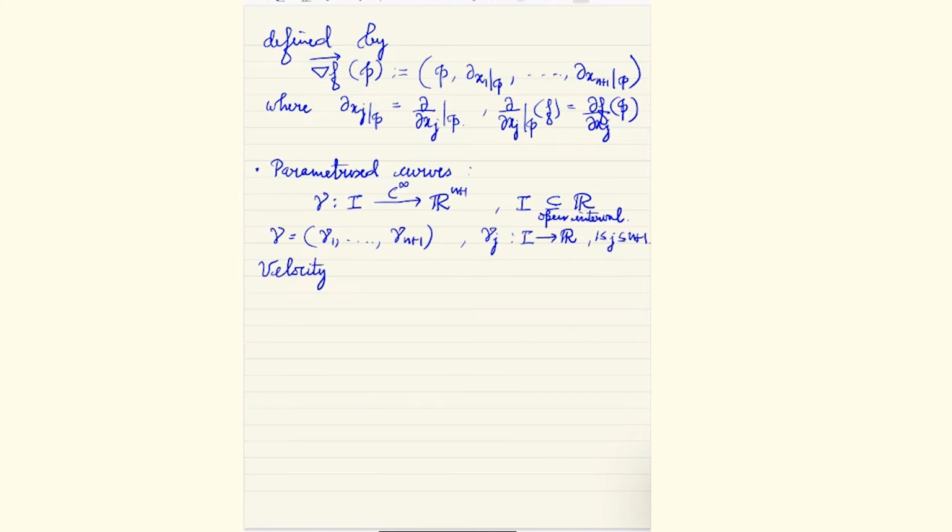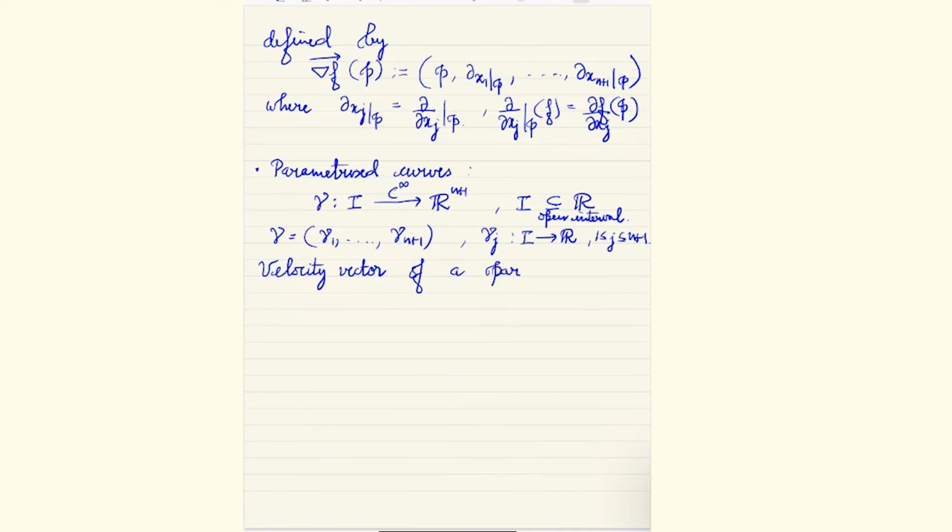So you look at gamma as a map from I to R^(n+1). Suppose I contains 0. You could view this as the point gamma of 0, something in R^(n+1), moving in time along the curve. Typically you think of classical Euclidean physics here, motion of particles along curves. So velocity comes from that. Certainly the name comes from physics, no question about it.